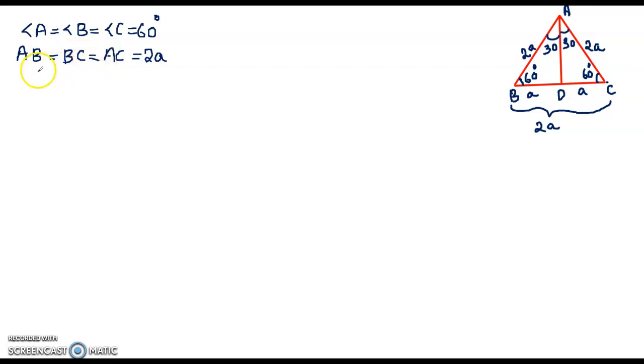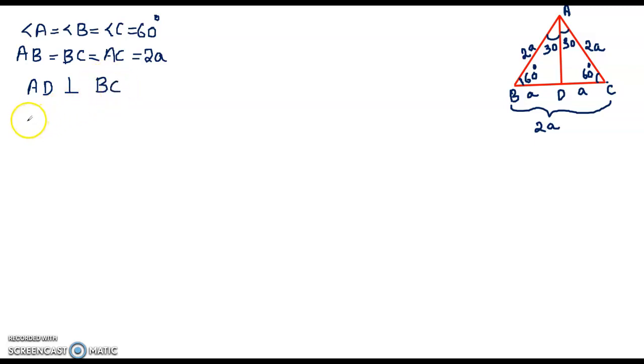So as we know that when I draw a line perpendicular to BC, here we got two right angle triangles, which can be named as ABD and ACD. From the figure it is clear that AD is perpendicular to BC.